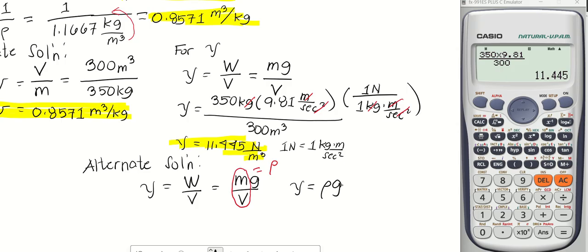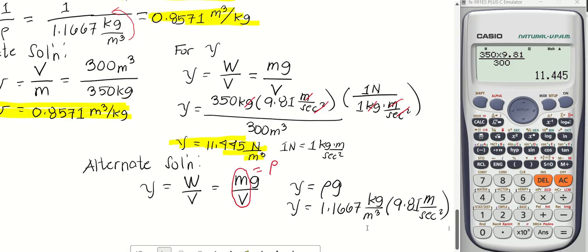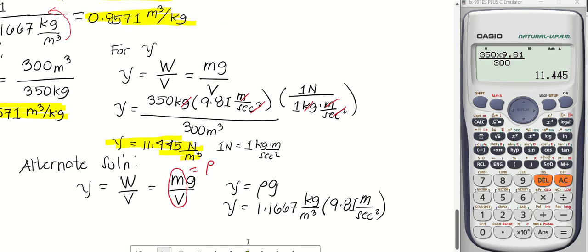Substituting, the density is 1.1667 kilograms per cubic meter, and our gravity is 9.81 meters per second square. Again, 1 newton is equal to 1 kilogram meter per second square.